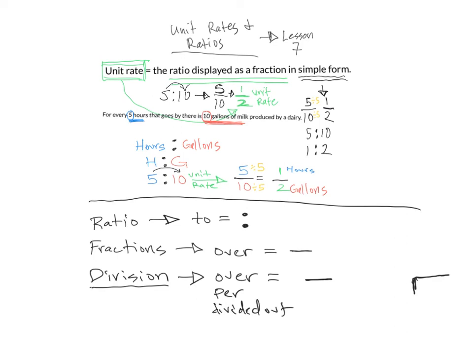So really 1 over 2 is equal to 1 divided by 2, which is equal to, how many times does 2 go into 1? Well, 2 can't go into 1, so it goes in 0 times.